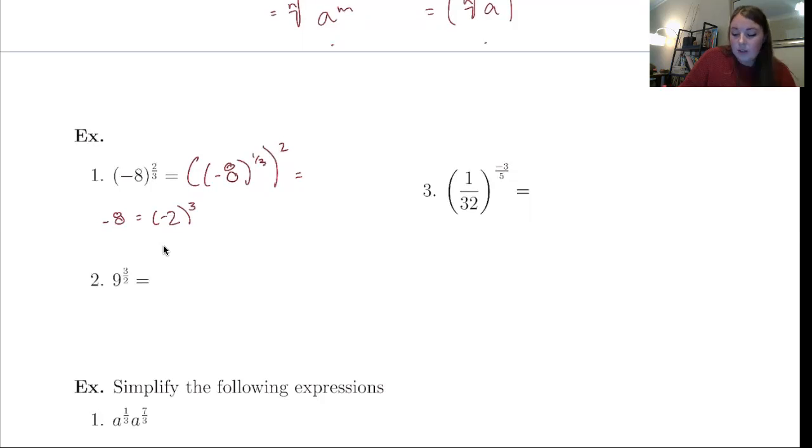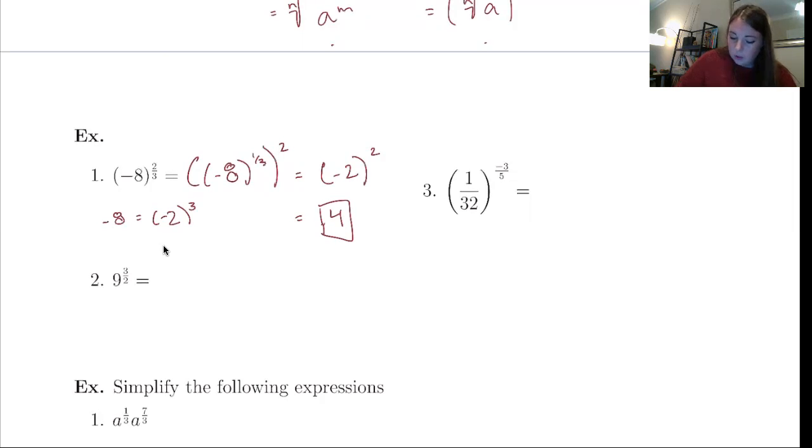The cube root of -8 is going to be -2. So then -2 squared, -2 times -2, that's just 4. All right. And if you do it the other way, you should get the same answer. If I square it, I'll get a positive 64, and the cube root of 64 we just saw is 4.